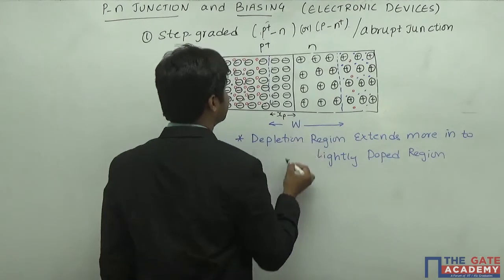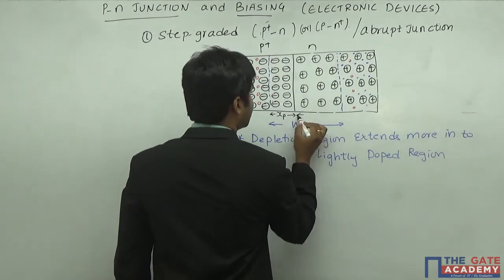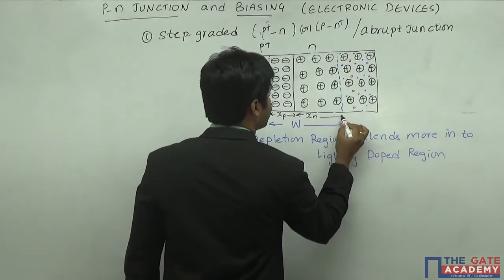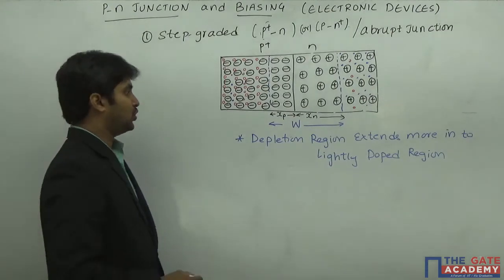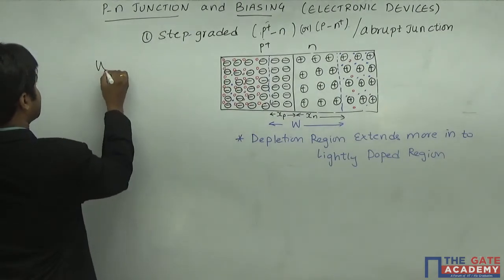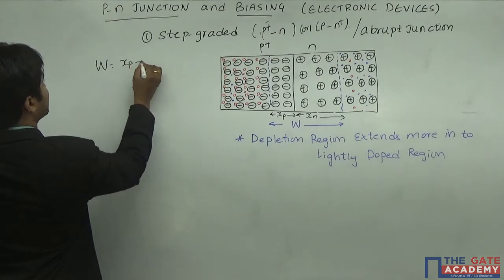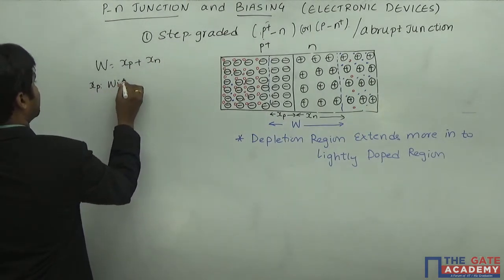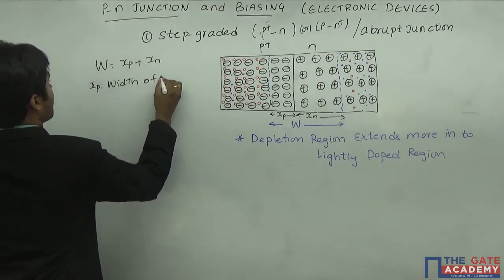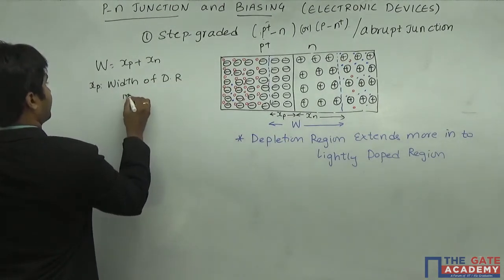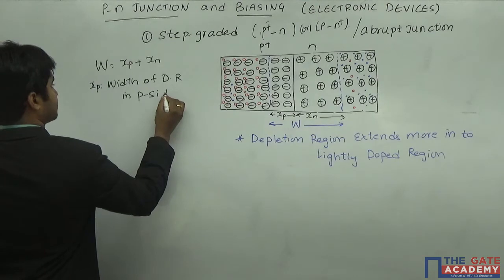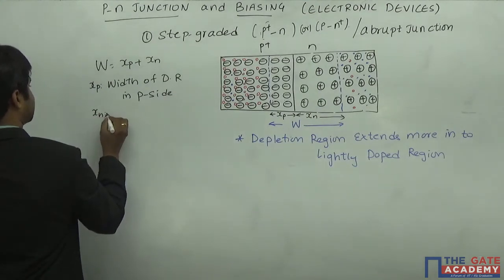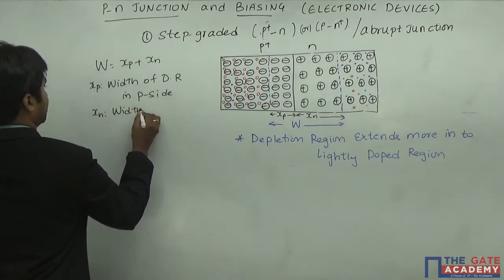One is present inside the P region, the other inside the N region. So we can write the width of the depletion region as xp plus xn, where xp is the width of the depletion region on the P side, and xn is the width of the depletion region on the N side.